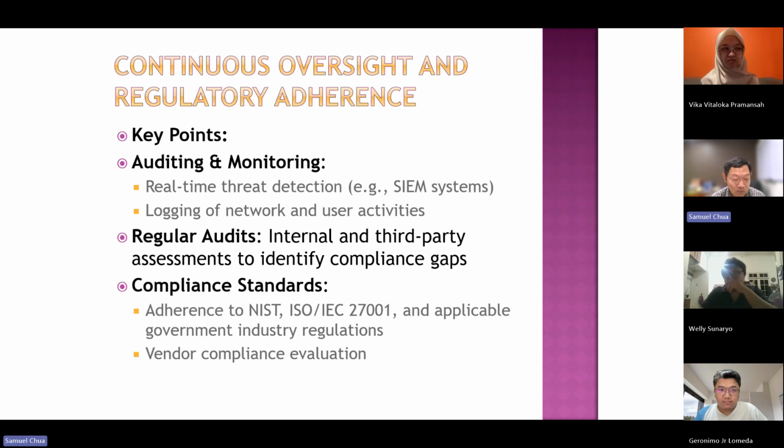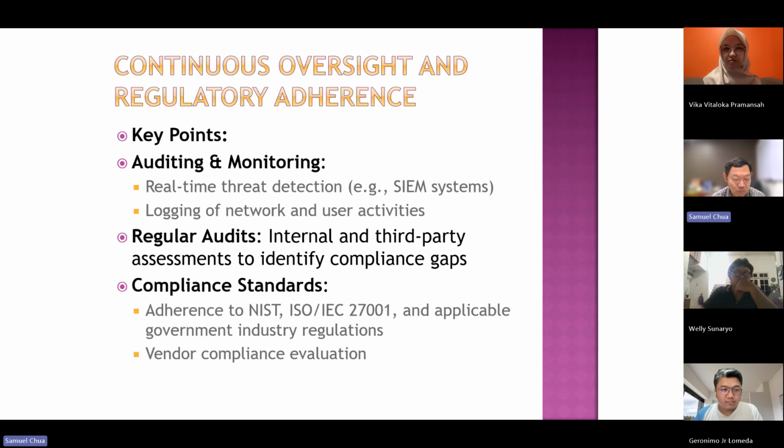Internal audits are also helpful to catch gaps early, ensure policies are followed, and validate that the systems are working as expected. External third-party audits also provide an unbiased perspective and ensure compliance with industry standards.